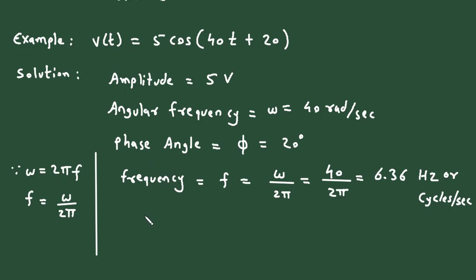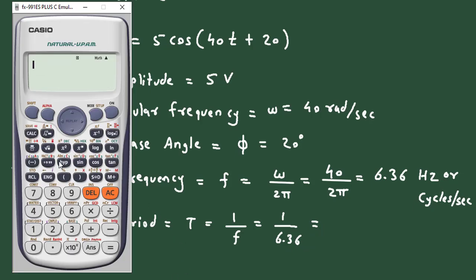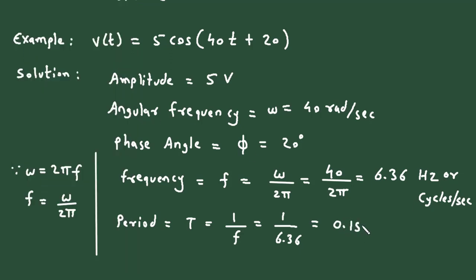We can also find time period. Time period is equal to T is equal to 1 upon f. So if we divide 1 by 6.36, then this will be 0.157, and the unit of this time period is second.